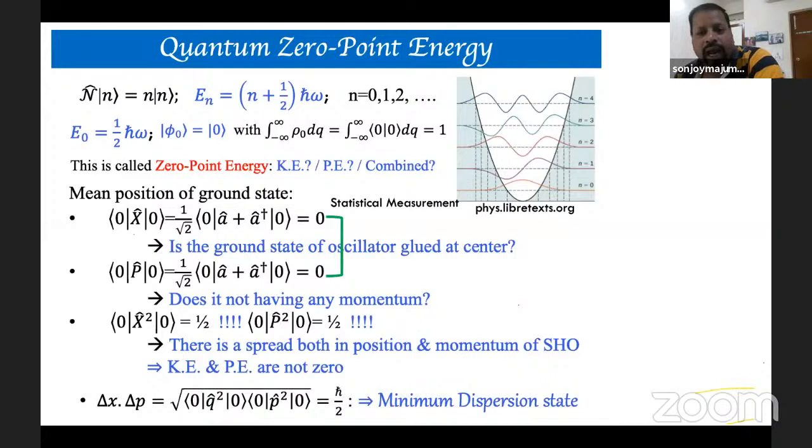Once you expand the system in terms of harmonic oscillators, for each harmonic oscillator you will get that minimum energy, the zero point energy, inside.